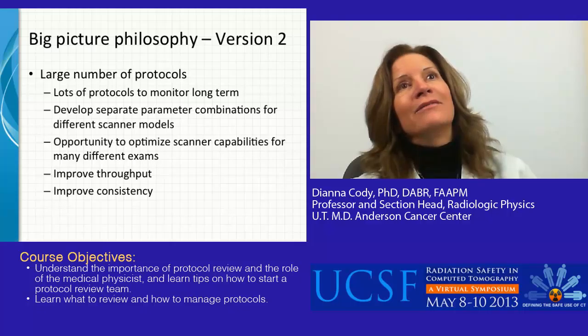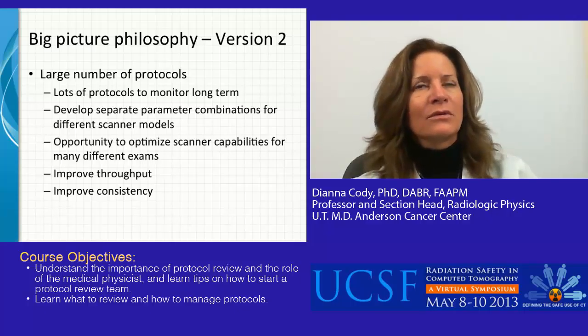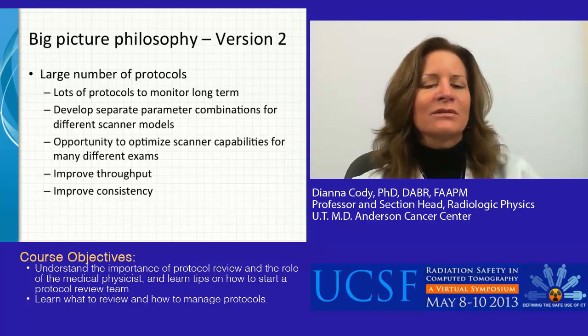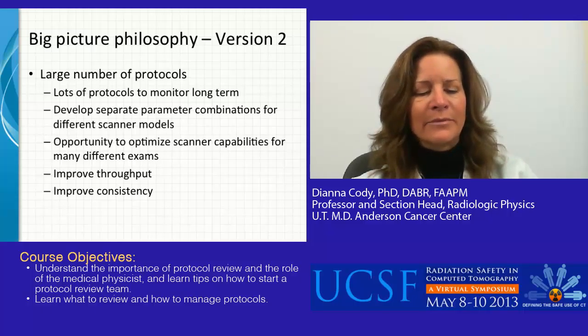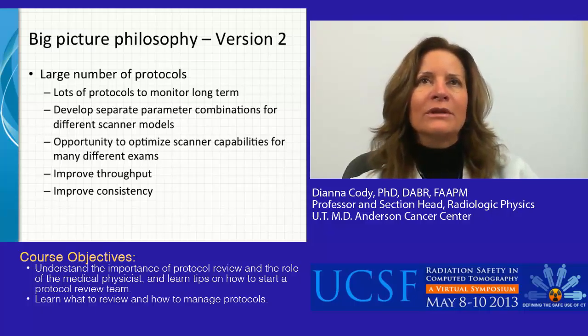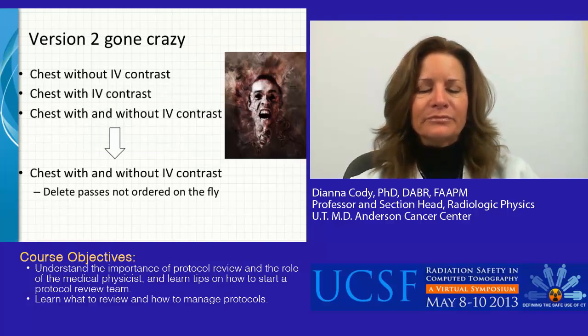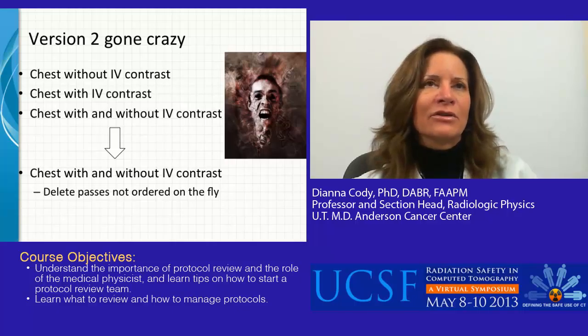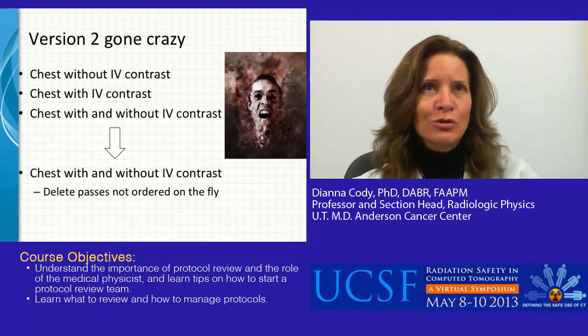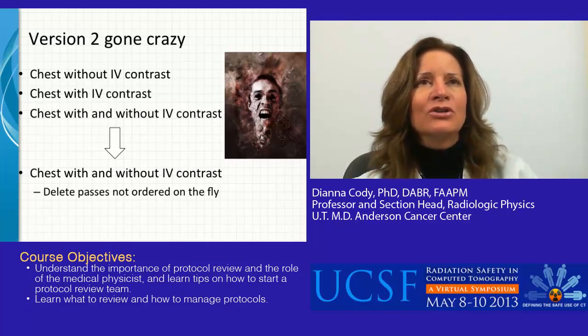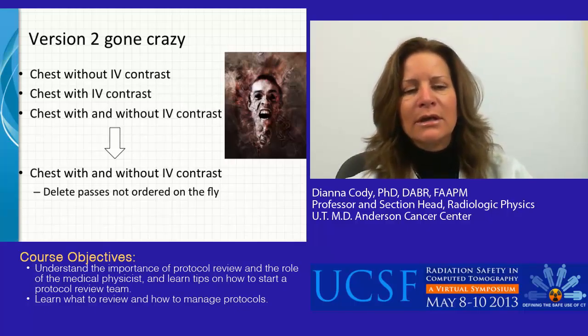And then you can take advantage of some of the newer features of some of your newer scanners that way. This would hopefully improve your throughput and hopefully improve your overall consistency. However, it doesn't take very long for having a lot of protocols to go completely out of control.